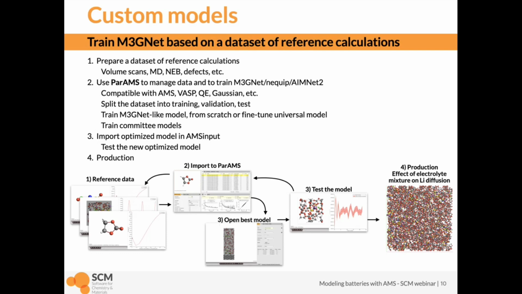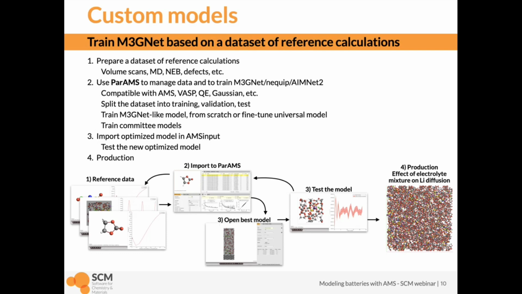Then you can use ParAMS. With ParAMS, you can import those calculations. Note that those calculations don't have to be done with the Amsterdam Modeling Suite; it's also compatible with external software, so you can use VASP, Gaussian, or Quantum Espresso calculations. You can import them.